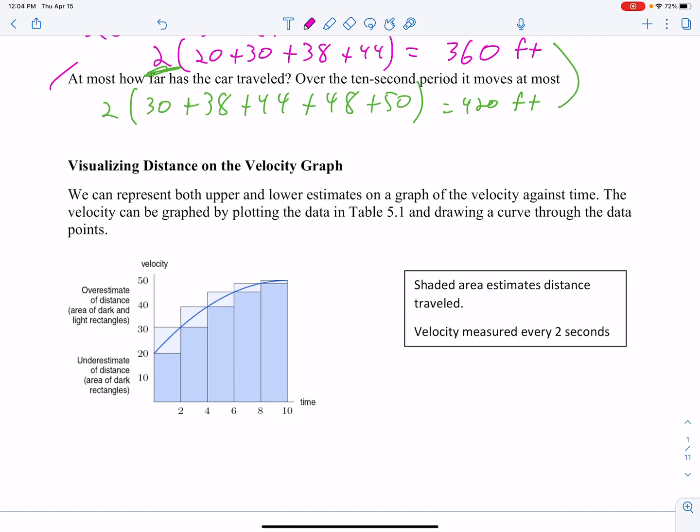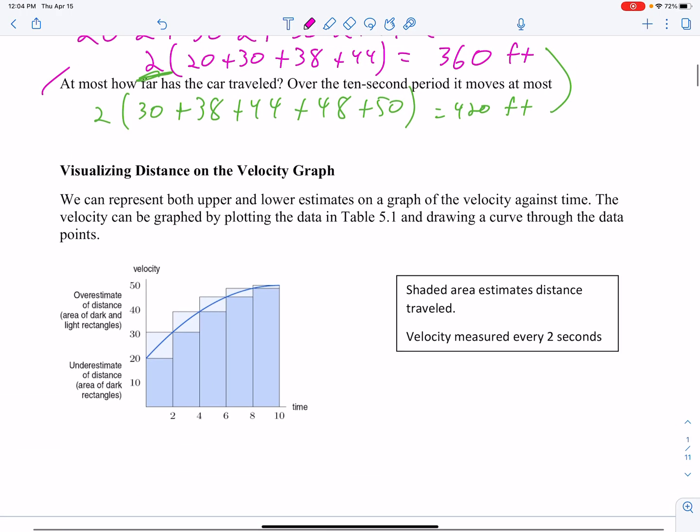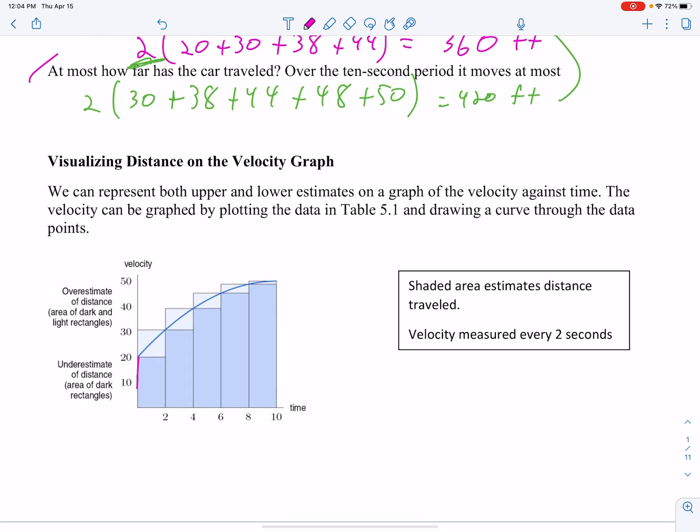Now, look at these rectangles. You can see all these rectangles here, here, here, here. What those represent, and you'll see in a minute, is called a left-hand sum, and I'll explain more about that in a little bit. For an increasing function like this, a left-hand sum is going to be an underestimate, a lower estimate.